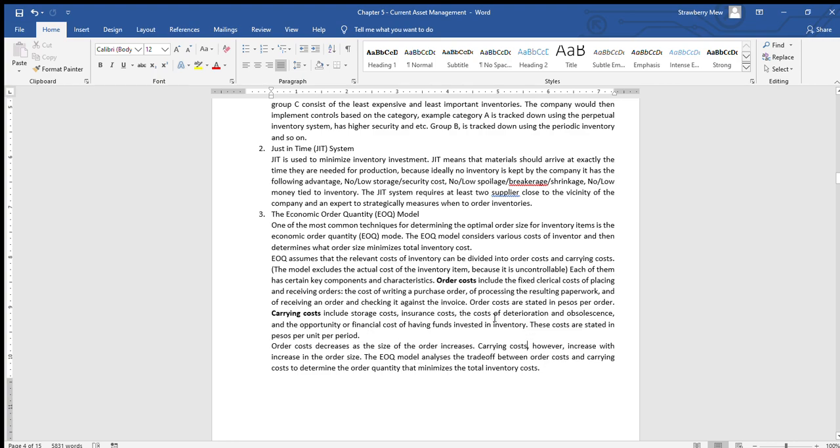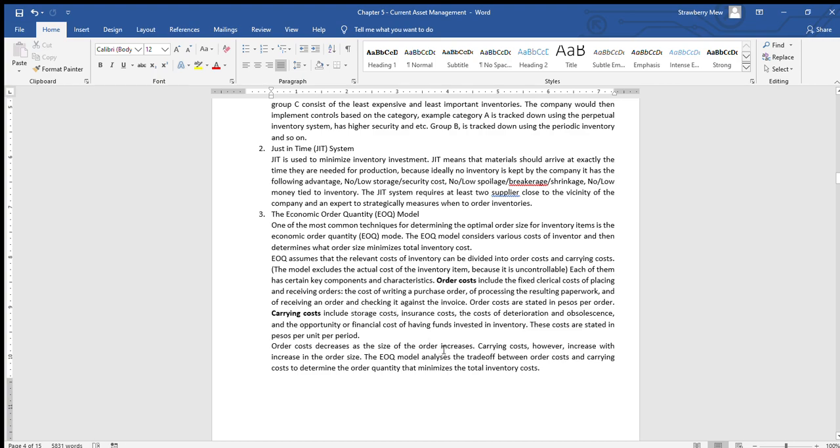So kung mas lalaki ang order sizes natin, it means na mas matagal nating i-hold ang inventory kasi nga habang lumalaki ang order size natin, mas matagal nating mauubos ang inventory natin or mga materials natin. So kung mas matagal nating mauubos ang mga materials natin, edi mas matagal silang ma-store sa business natin. So kapag mas matagal na may store, edi carrying cost increases kasi nga mas matagal it also includes storage cost.